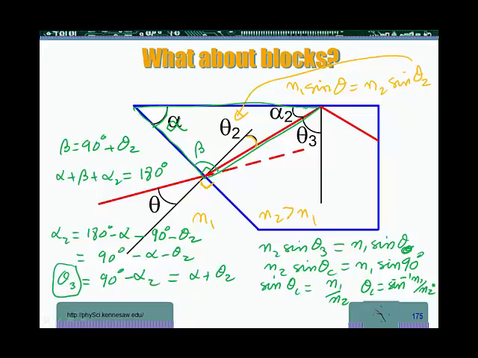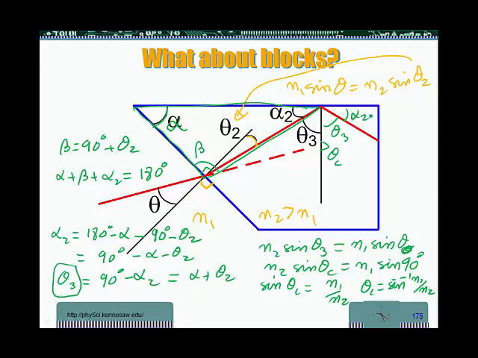We find theta sub c and compare theta sub 3 to theta sub c. In this particular example, theta sub 3 is larger than theta sub c, which means we have total internal reflection and no light will come out. However, light is going to be reflected, and we are going to find back the same angle theta sub 3 here and the same angle alpha 2 here.